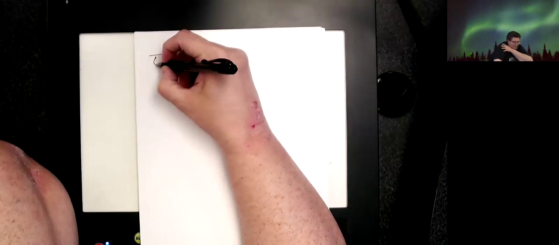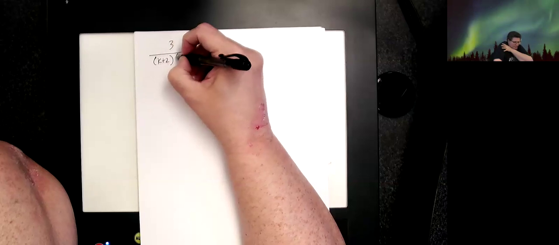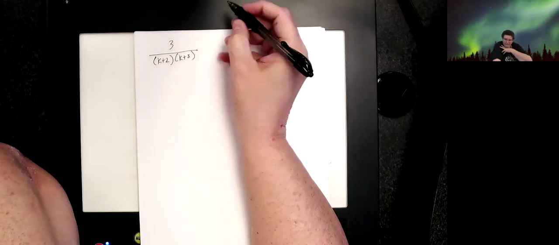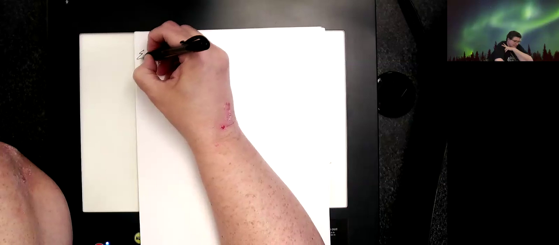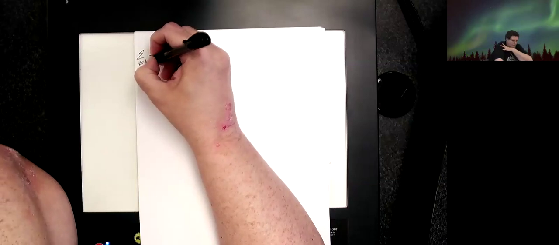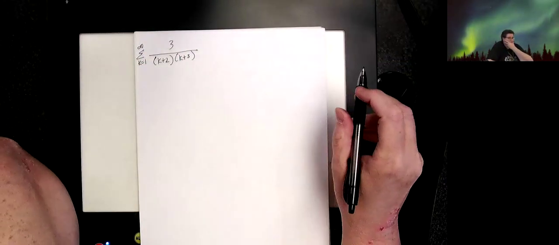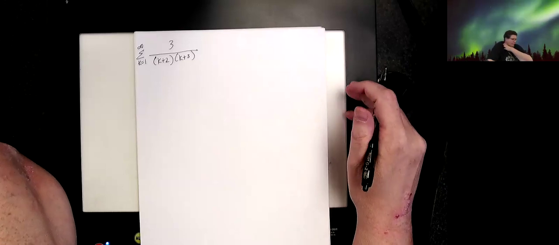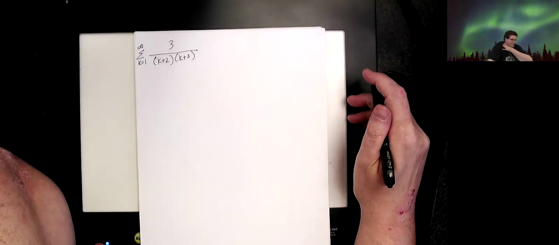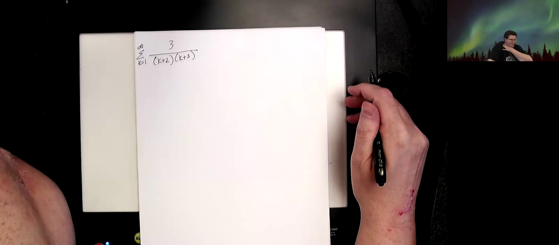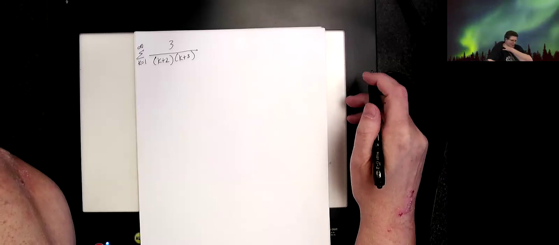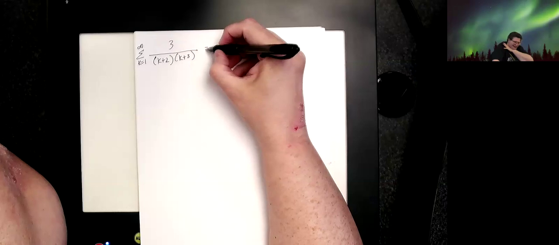Let's do 3 over k plus 2 times k plus 3. That's going to be our summation. We'll do k equals 1 to infinity of that. What do we need to do on this one? Partial fractions, that's right.